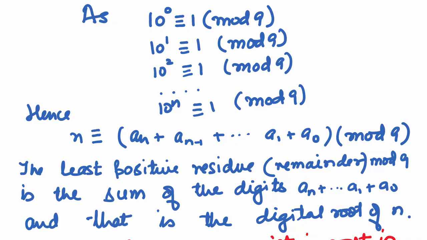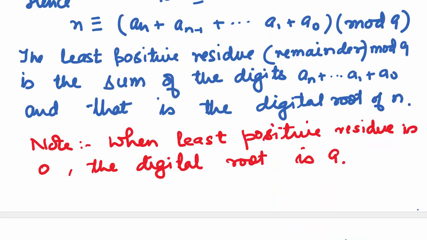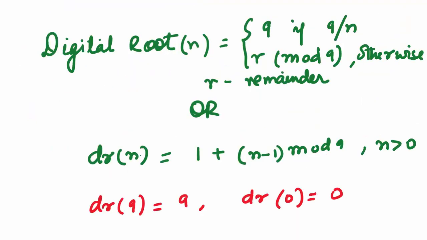So we are basically adding all the digits of the number n. And as mentioned earlier, when the least positive residue is 0, the digital root is taken to be 9. So digital root of n is 9 if 9 divides n, and it is r modulus 9 otherwise, where r is the remainder.